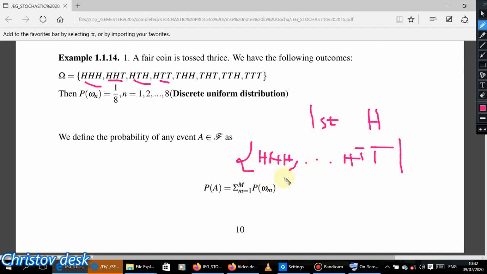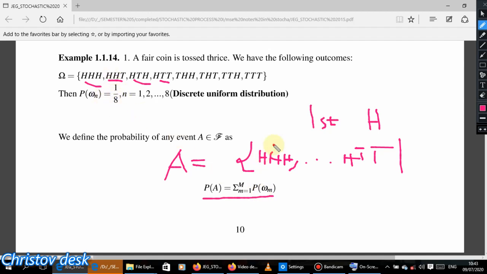To find the probability of my event, I'm calling my event A. To give this event some probability measure, we say the probability is defined as that. We are defining the probability that I will get a head at the first toss as equal to the summation of the individual weights assigned to them.